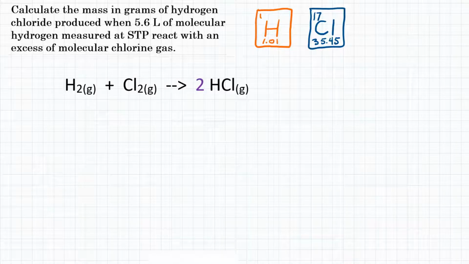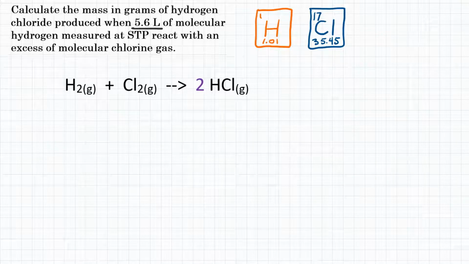All right, everyone, the problem says, calculate the mass in grams of hydrogen chloride produced when 5.6 liters of molecular hydrogen measured at STP react with an excess of molecular chlorine gas. So this is a gas stoichiometry problem where we are given 5.6 liters of molecular hydrogen.